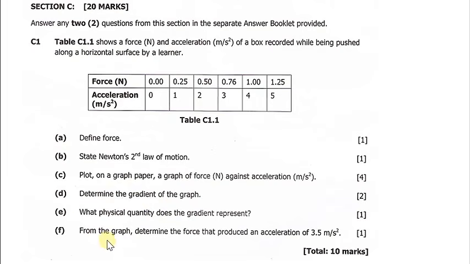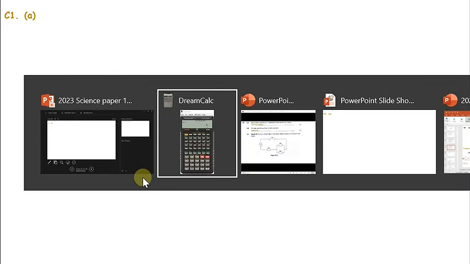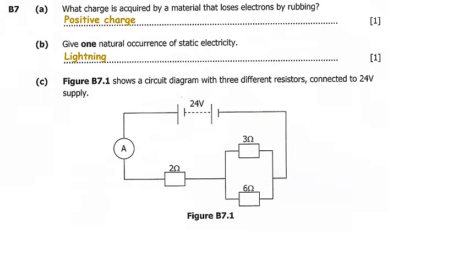F, from the graph determine the force that produced an acceleration of 3.5 meters per second squared. Okay, so in answering we have to define a force. That's what we have seen here. So we have to define what a force is.